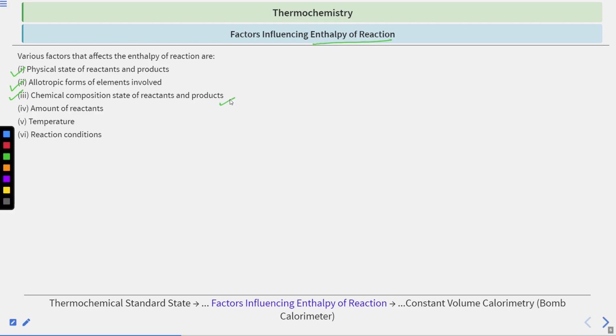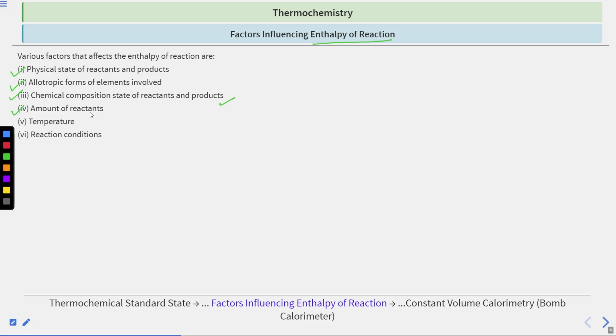Like if our compound or molecule is an isomer of some other, they both have different amounts of enthalpy. Okay, and what type of bond will be present, hydrogen bond, covalent bond, ionic bond, this will also affect the enthalpy of reaction. So chemical composition state will also affect the enthalpy of the reaction.